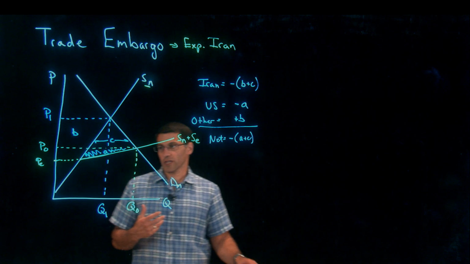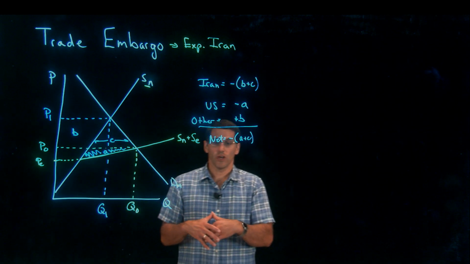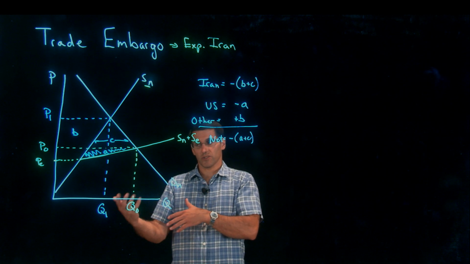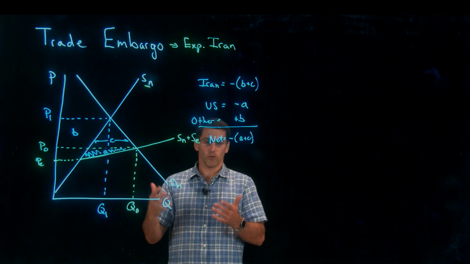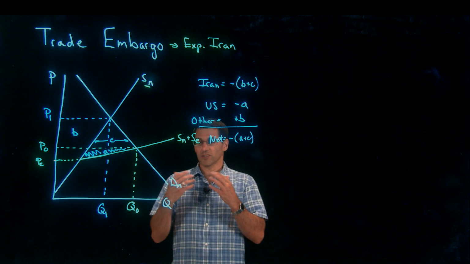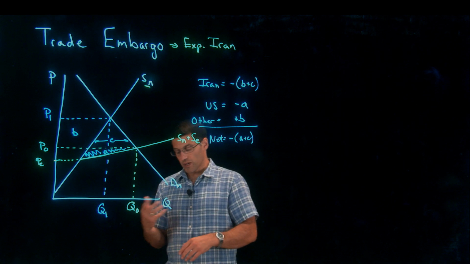Now, in this case, if you look at it, A is relatively small compared to B and C, right? We can impose a lot of damage to the Iranian economy, a lot of loss of surplus for a relatively smaller loss of our own surplus. Okay? So that might be a feasible embargo, one that might ultimately have some success.